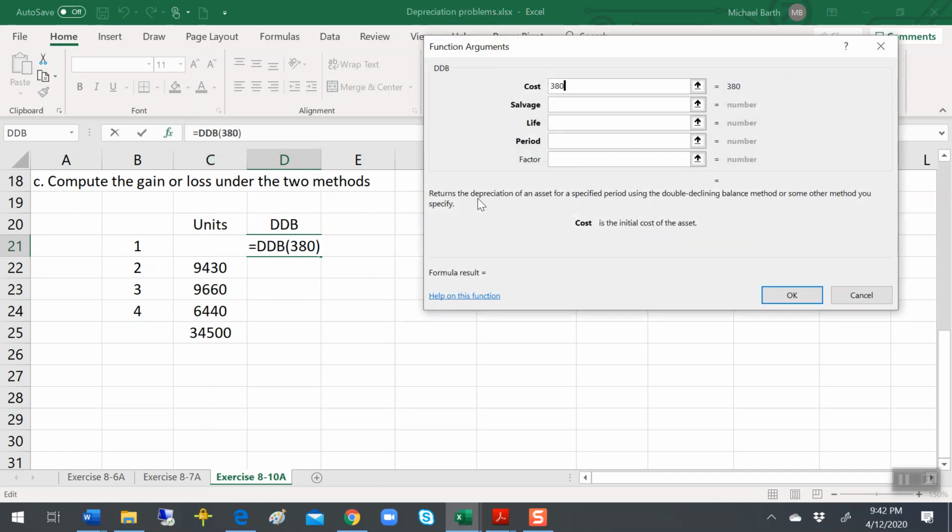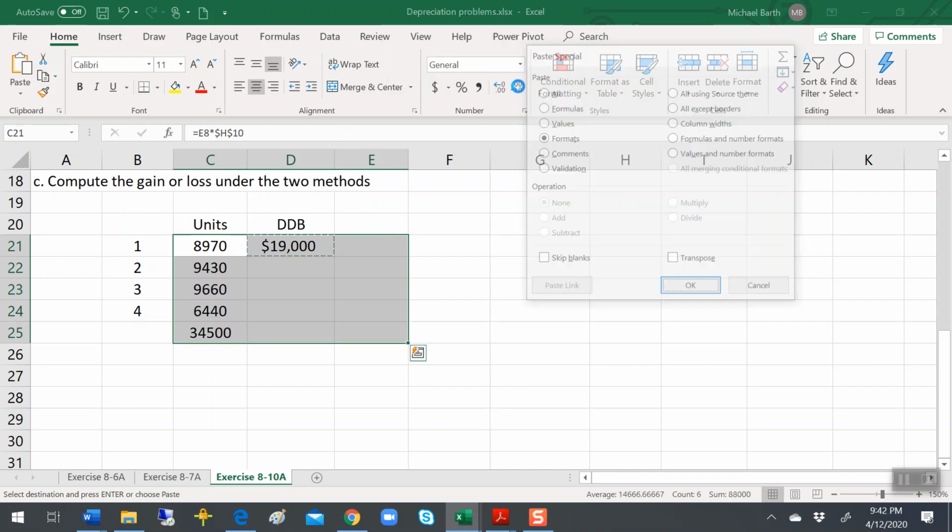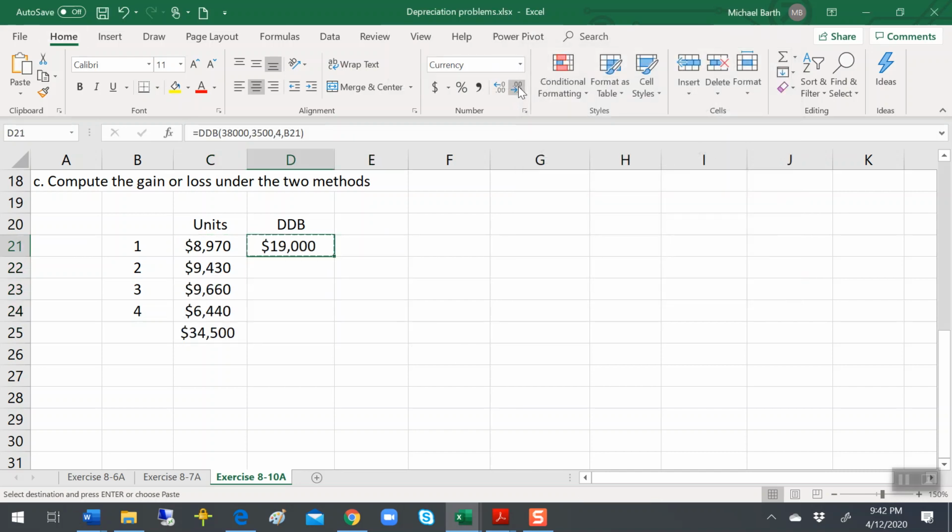If the cost is 38,000 and the salvage is 3,500 and the useful life is 4, then we can calculate per period, and Excel will automatically cut back so that you don't depreciate more than the 34,500. So you haven't got to make the adjustment in there.